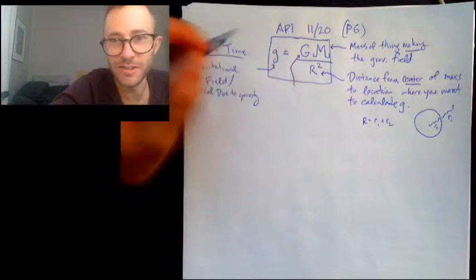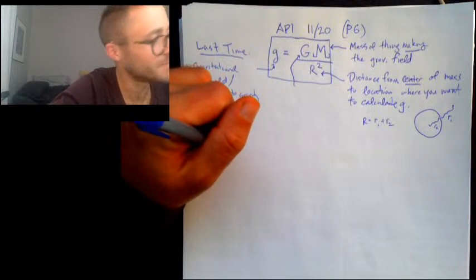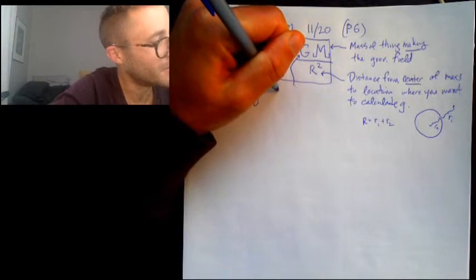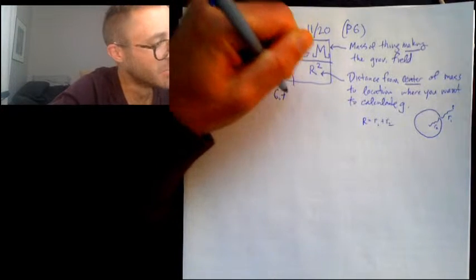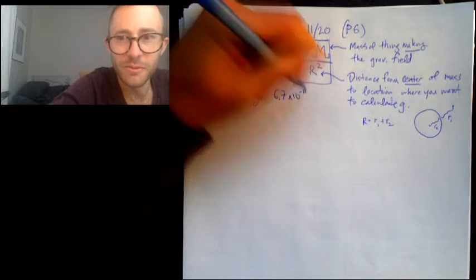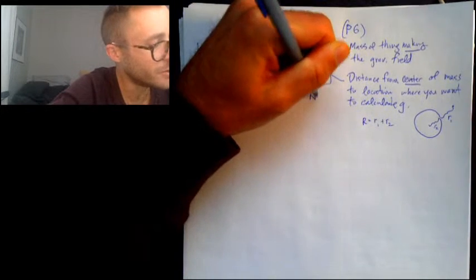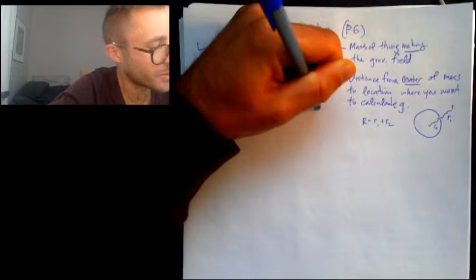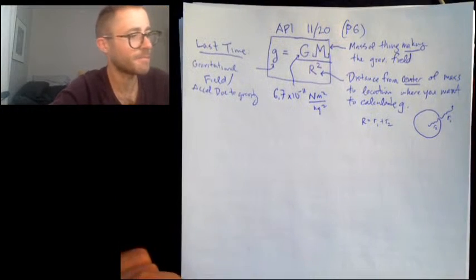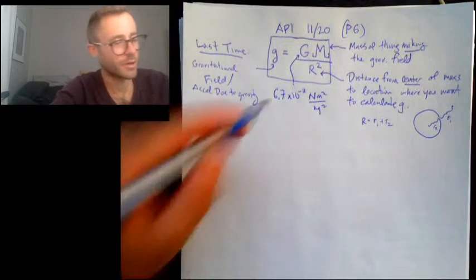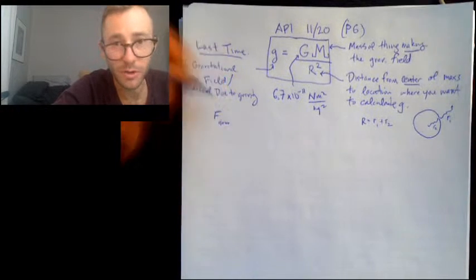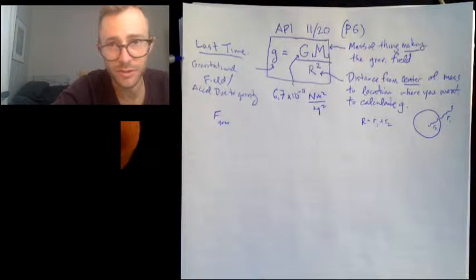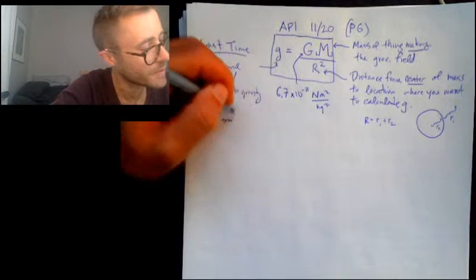Big G is a constant of nature. It's the same in every single problem. It is 6.7 times 10 to the negative 11 Newton meters squared per kilogram squared. So that was the main equation we learned. We also learned an equation for the gravitational force, which we already knew because it's the same thing as the weight force.